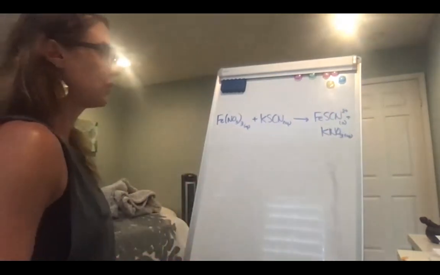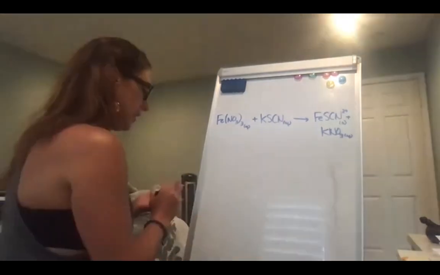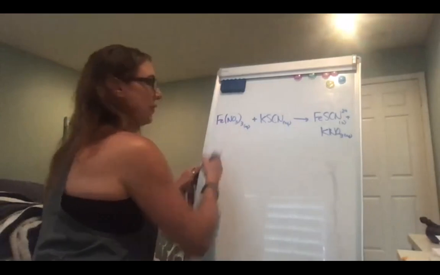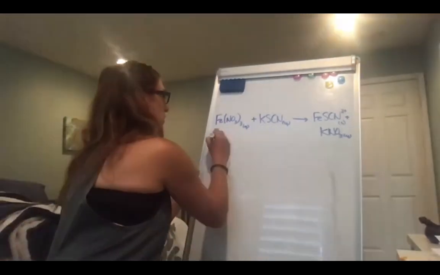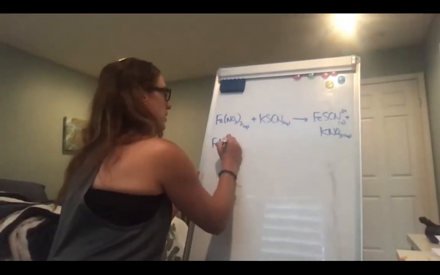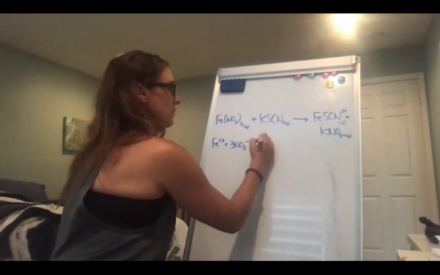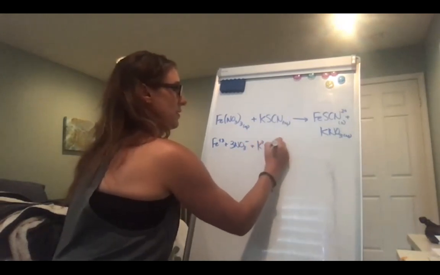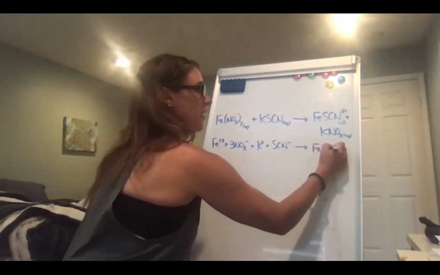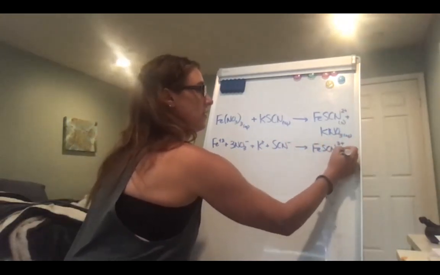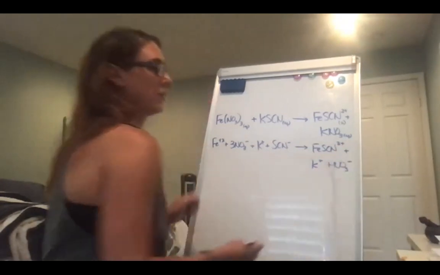Okay, and so what I want to do here, if I write a net ionic equation, the iron and the nitrate break up because remember solubility rules, nitrates are always soluble. So we get iron 3 plus 3 nitrates plus potassium plus thiocyanate yields iron thiocyanate plus, and then potassium nitrate is very soluble, okay?